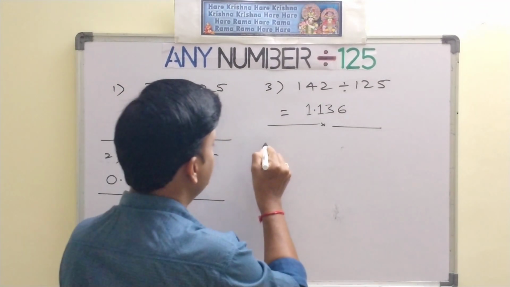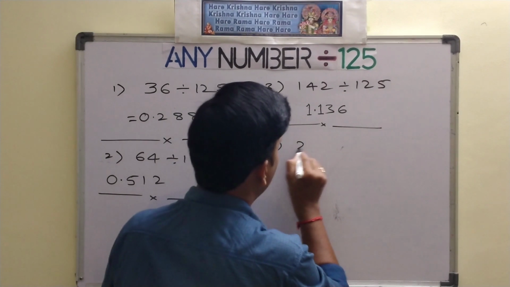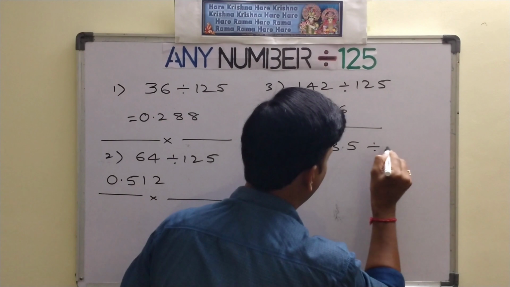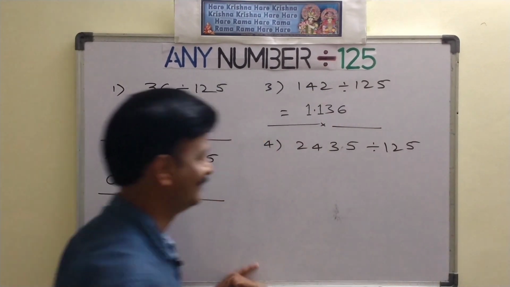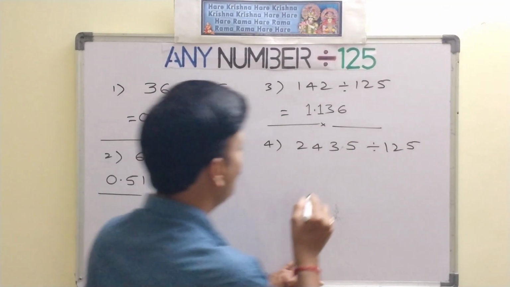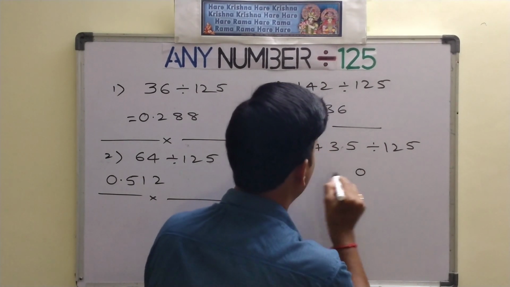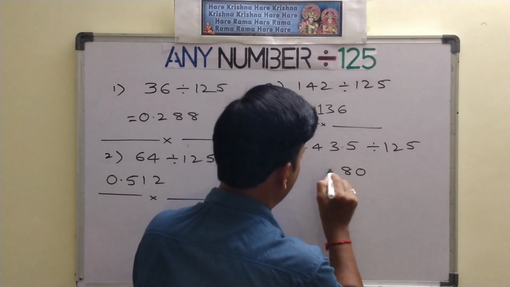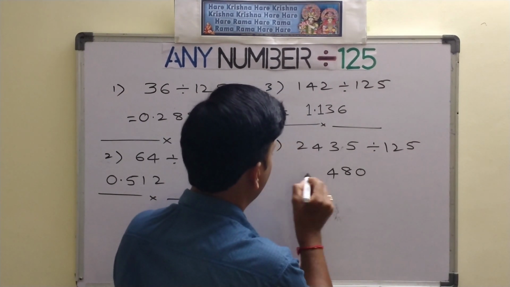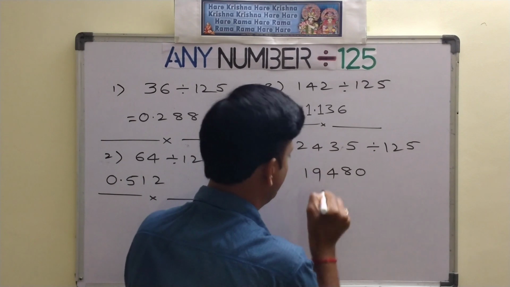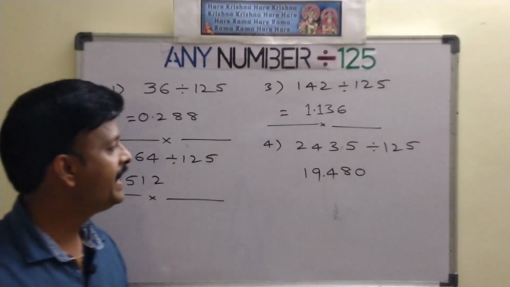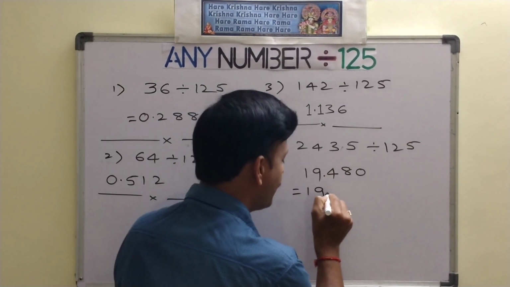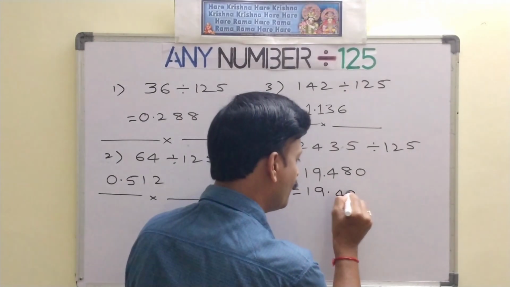Let's consider one more, a 4-digit number, that is 2435 divided by 125. A 4-digit number it is. So now the answer is 19.480, which can also be written as 19.48.